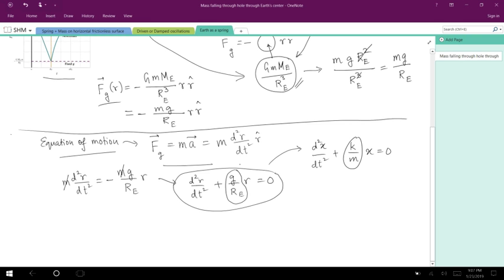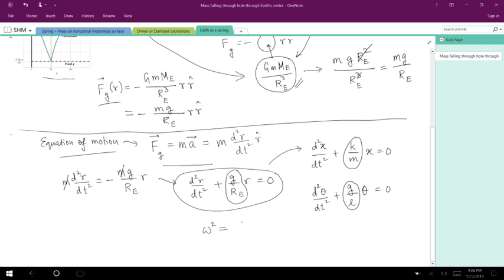Now if you also remember our simple harmonic motion for a pendulum, in the case of the pendulum, the equation that we had looked like d2 theta/dt2 plus g over L theta is equal to 0. And there g over L took the place of the k over m. And these, the g over R_e, the k over m, and g over L, are essentially the square of the angular frequency.